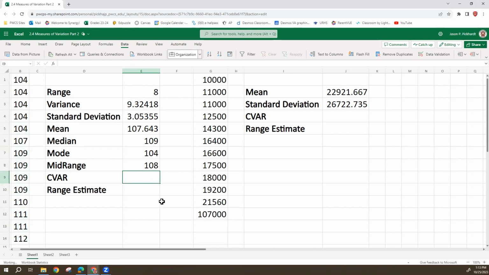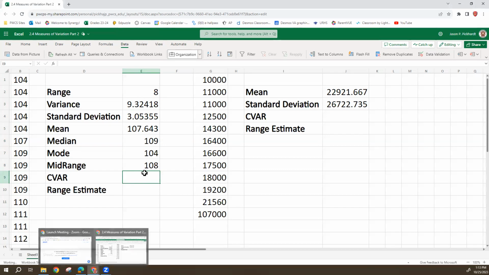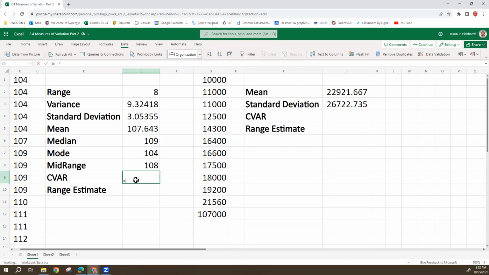And so we can calculate the coefficient of variation by taking our standard deviation, and we can just type in equals here. And if we already have the standard deviation, we can click that cell. We want to divide it by our mean. We can click that cell. And then I'm going to put those in parentheses.